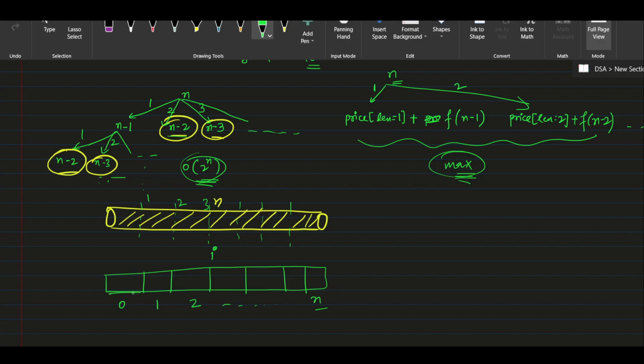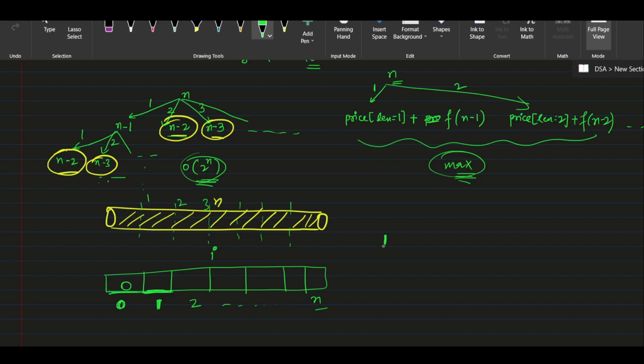So when we have a rod of length 0, the maximum profit that we can get is 0. If I have the rod of length 1, then what will be the maximum profit?